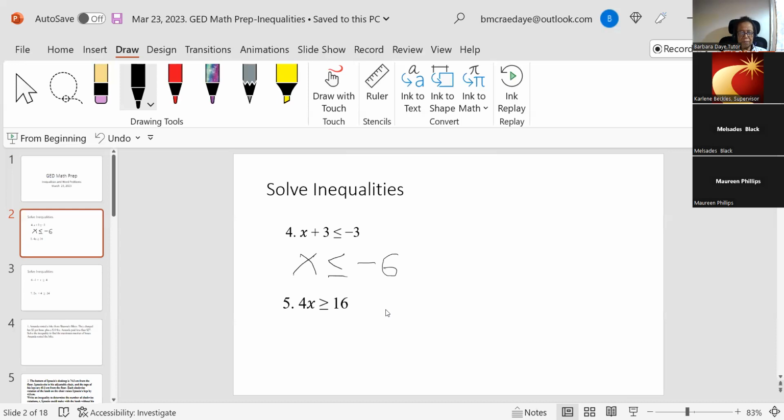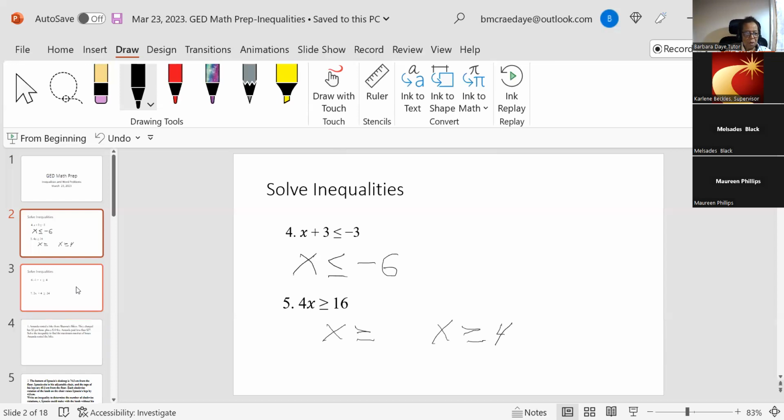Number 5 is x greater than or equal to 4, because you divided both sides by 4. Yeah, that's correct. 16 divided by 4 is 4.